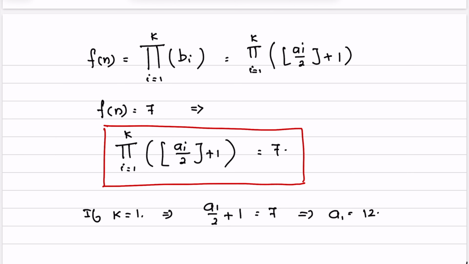We have forgotten to write the greatest integer here. When you write the greatest integer, then a1 can be 12 or 13. We will have a value of n equal to p to the power of 12 or n equal to p to the power of 13.